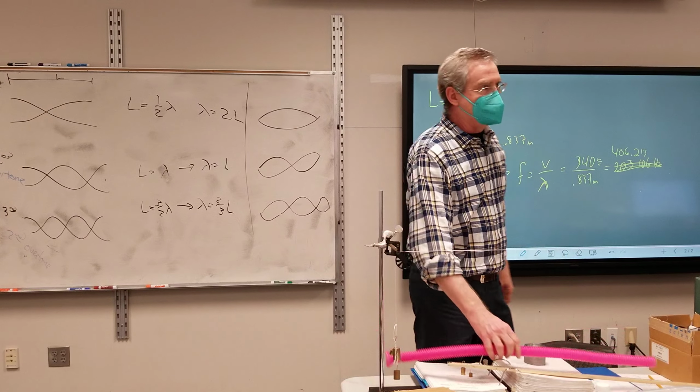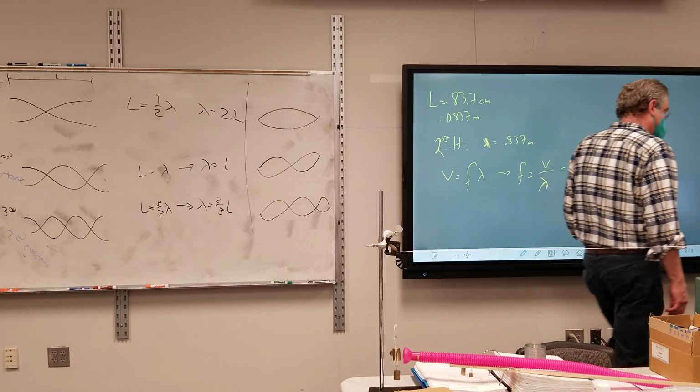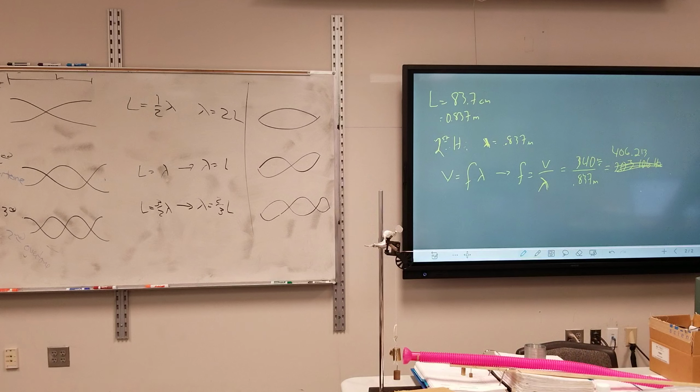Pretty close. So let's figure out what happens if you do have two frequencies that are close. The first thing I'm going to do is play 440, hopefully not too loudly. That's 440. And now I'm going to play 439.